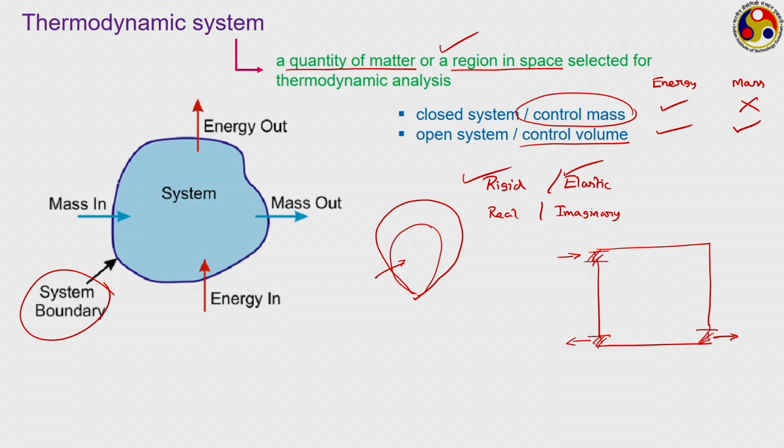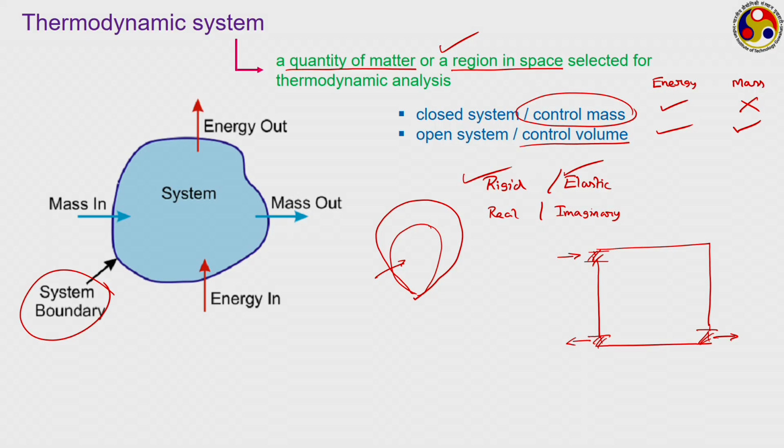These parts were open and you are imagining certain lines to close the system. Therefore, here the boundary is partially imaginary and partially real. So, accordingly the boundary of a system can be real or imaginary, and rigid or elastic. In certain textbooks a third type of system is also defined, which is called an isolated system.